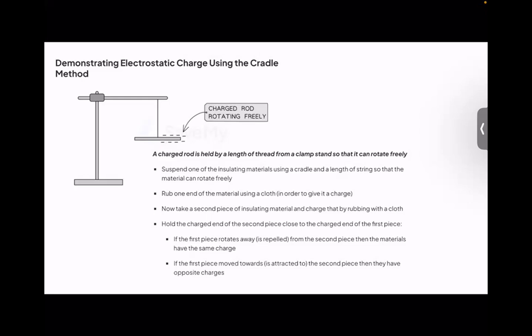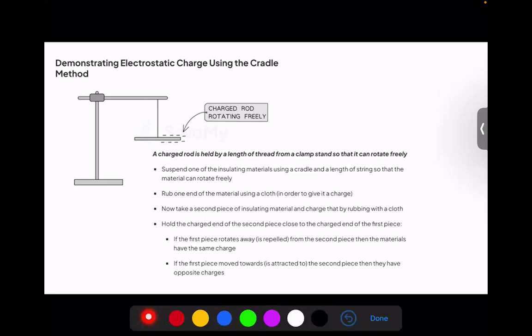Anyways, where was I? So this insulating material that is hanging over here, we bring a piece of cloth and we rub it. When we rub it, the electrons are transferred to the cloth. So now this thing becomes charged.